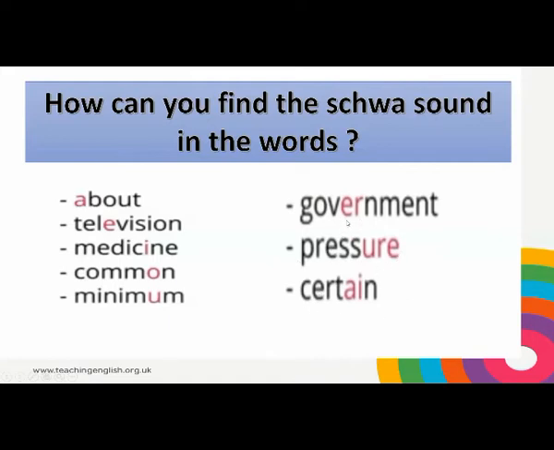Here, er, there is a schwa. So the spelling doesn't help you to find the schwa because it's produced by 1, 2 or 3 letters. But the stress will help you to find the schwa. How? Let's move.